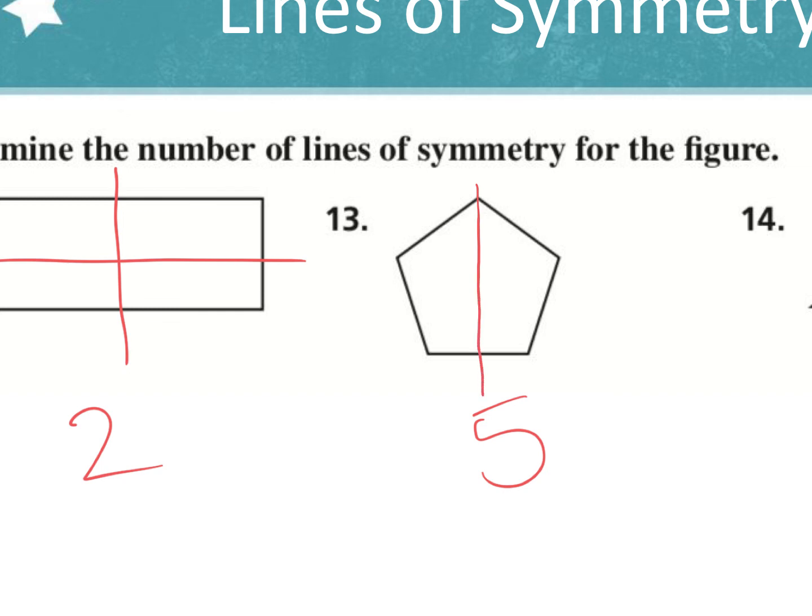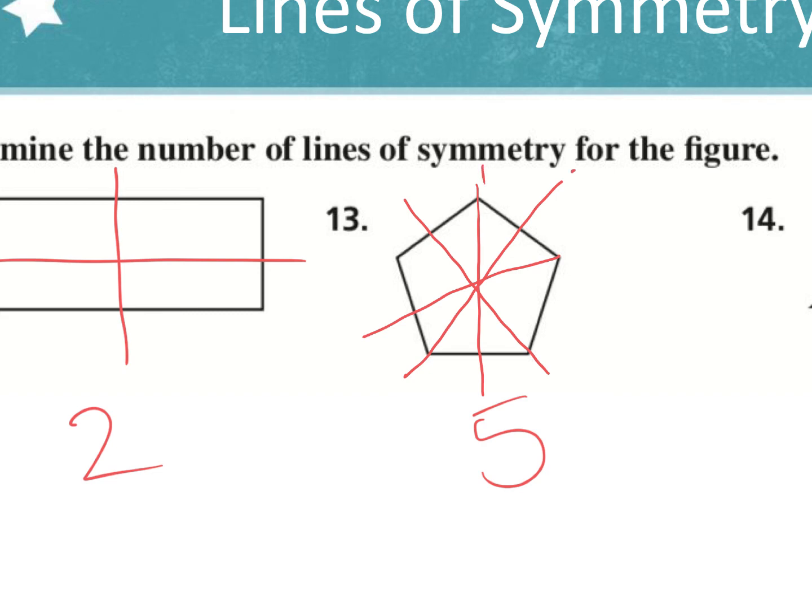Now, for number 13, I hope most of you got this one, right? Let me help you guys figure this out. We started at a corner and we went to the middle of a segment. Line of symmetry? Yeah. Started at a different corner, go to the middle of a segment. Line of symmetry?